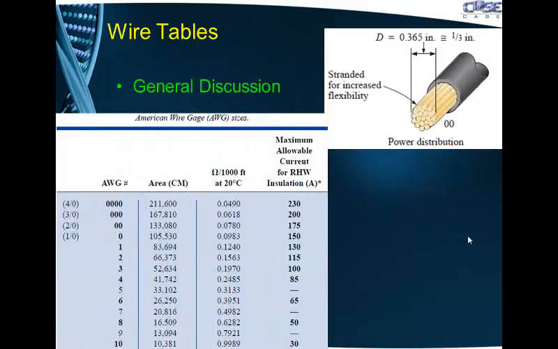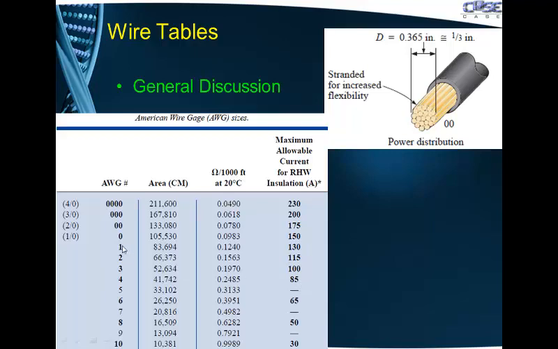This we have seen last time, wire tables. Wire tables are used to gauge the diameter or capacity of wire, in which we have seen the American wire gauge. These are the codes which are used for different wires. These codes basically signify the current rating of a particular gauge.